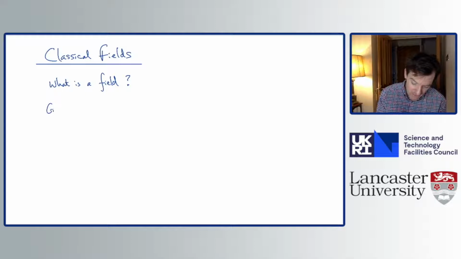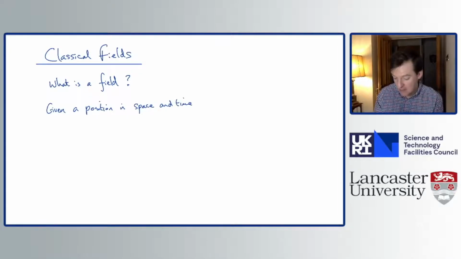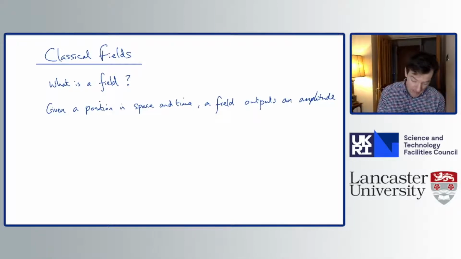Given a position, in other words some coordinates in space and time, I can tell you what a field does. What a field does is that it outputs an amplitude. In other words, I put in some coordinates and it gives me out an amplitude, or some number, at the coordinates that I give it.